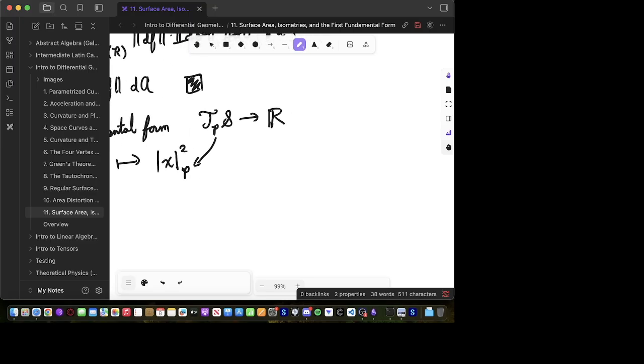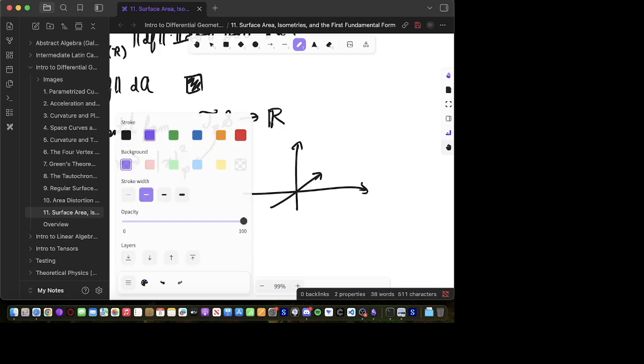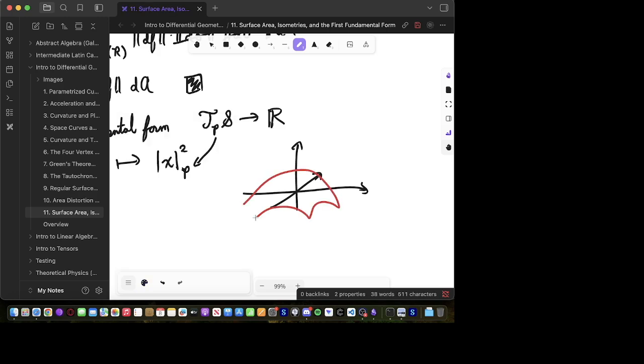So let's draw this out. We have a surface S, and maybe this is P, and this is TPS, the tangent plane.